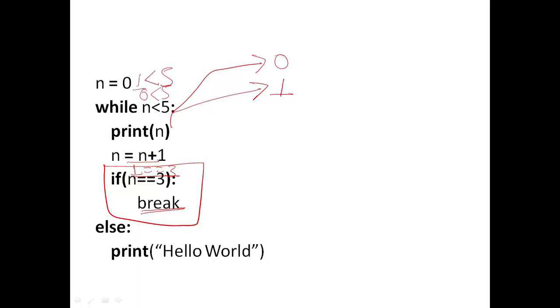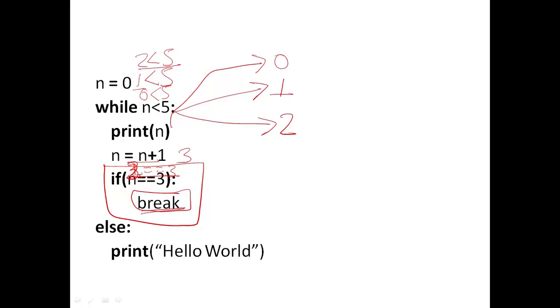Now the value of n becomes 2 and 2 equals 3 is a false condition, so we are not going to execute the break statement. 2 is less than 5, this condition is again true. So we will print this message, that means it prints 2, and now I will update the value of n by plus 1, so it becomes 3.